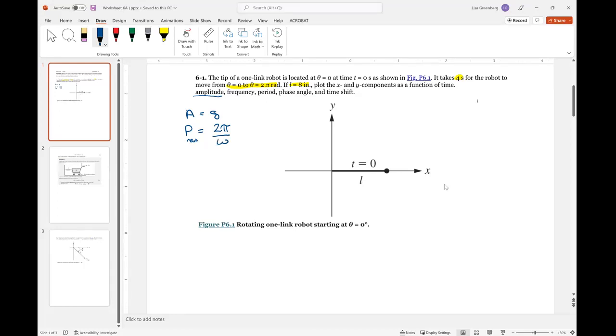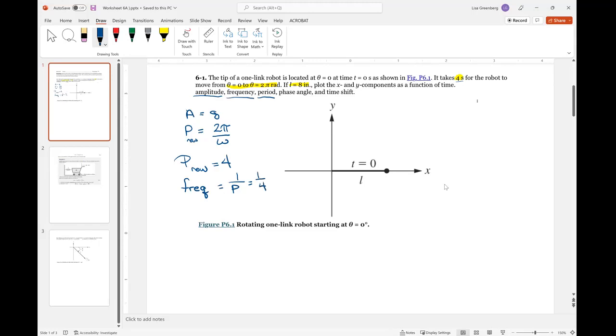We're going to use omega because now we're talking about things from our book. And we know the new period is 4 because it's taken 4 seconds. And we're plotting this as t. So the new period is going to equal 4. So we found the period. The frequency is going to be 1 over p, which is equal to 1/4.